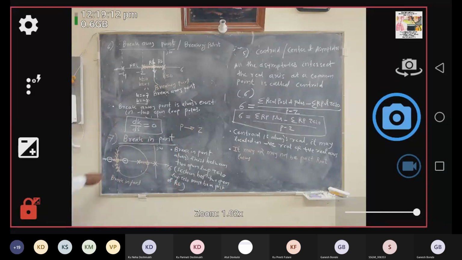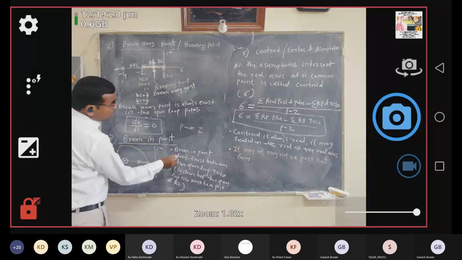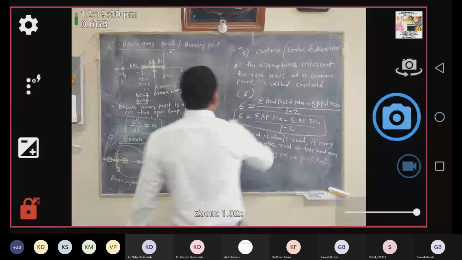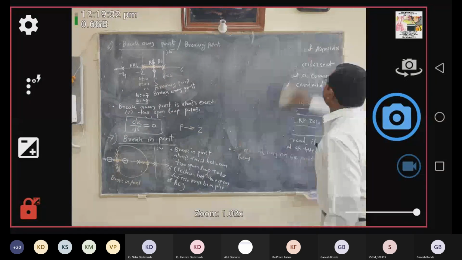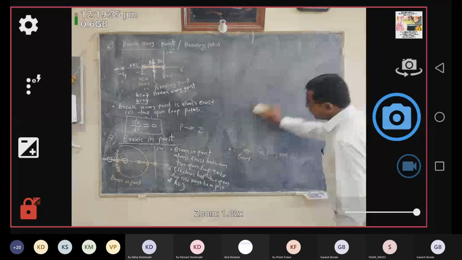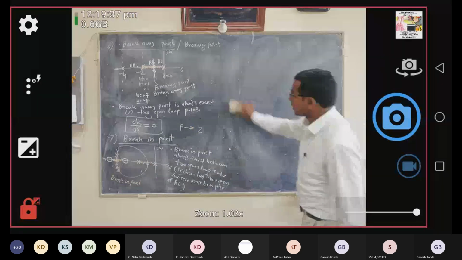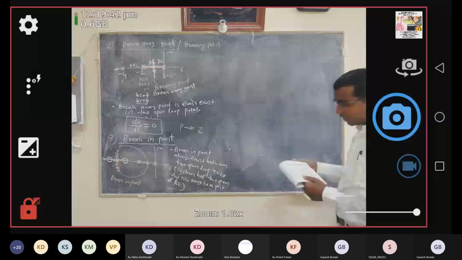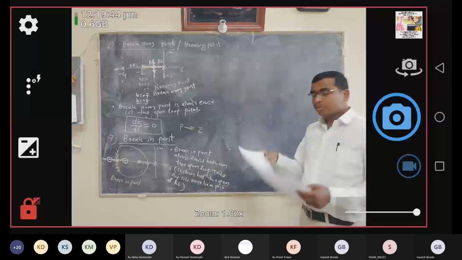Then and only then can the break in point exist. So remember here, the break in point is related to the open loop zeros and the breakaway point is related to the open loop poles. Then how do we determine the break in point or breakaway point? The small test we have to conduct is to equate dk by ds to 0. The same test is applicable to the break in point also.